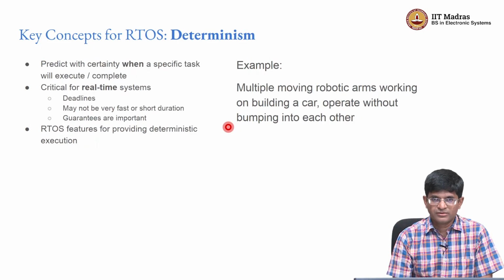And one other key concept in real-time operating systems is determinism, which basically says, first of all, can the outcome of a particular operation be predicted accurately? In other words, it's like saying, okay, whenever I press the brake, I should be able to guarantee that the car is going to slow down, right?